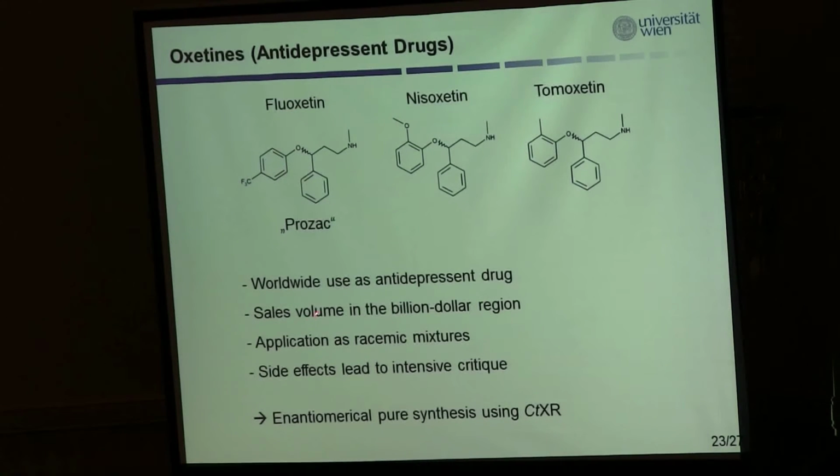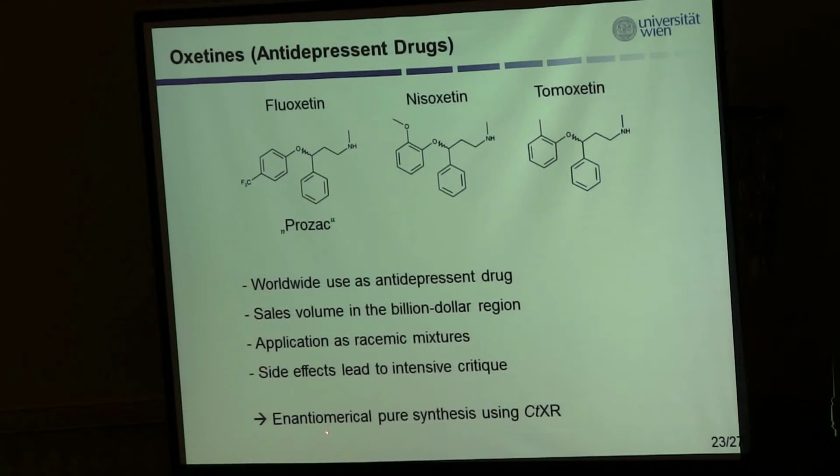They are worldwide used as antidepressant drugs, have a sales volume of in the billion-dollar region, and applied in the racemic mixtures. Of course, both enantiomers have different effects, and so we have side effects which lead to intensive critique, probably well known from common discussions.